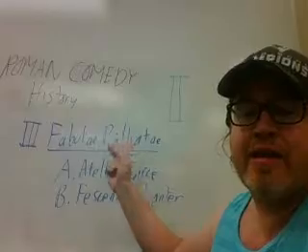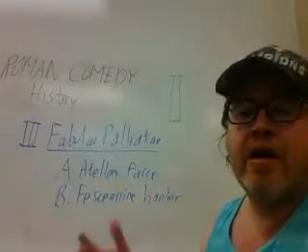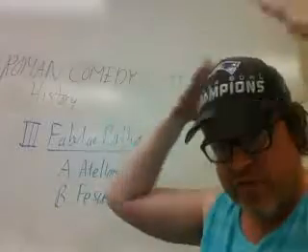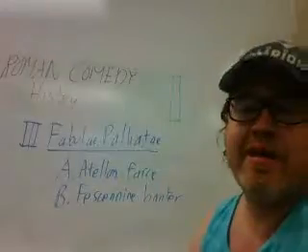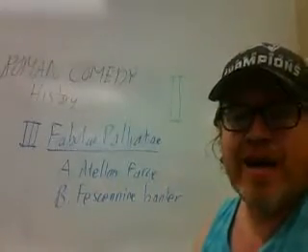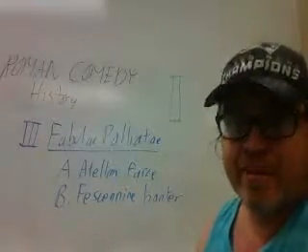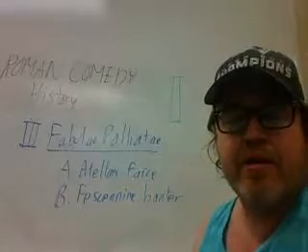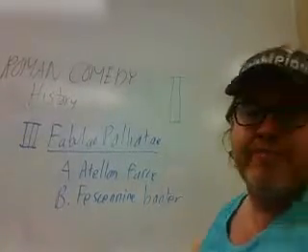So the Fabulae Palliatae means stories that are literally cloaked in the pallium, which is essentially a form of cloak with a hood that's worn by the comic actors. So this is saying that we have comedy predominantly, although it doesn't necessarily have to be exclusively comedy, that is based on a specific Greek original.